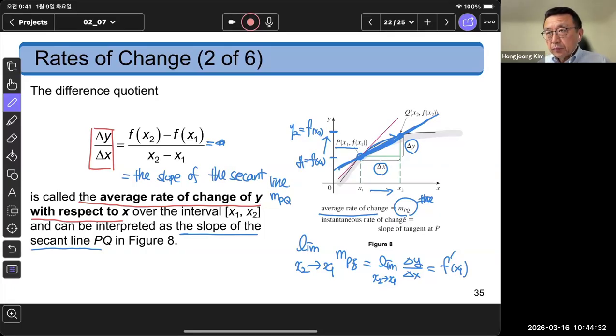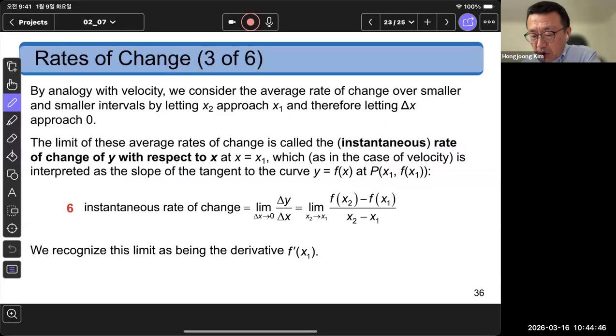Okay? Please remember that notation. So that was the derivative of the function at x1. And if this limit exists, then this limit will be called the instantaneous rate of change of this function with respect to x at x1.